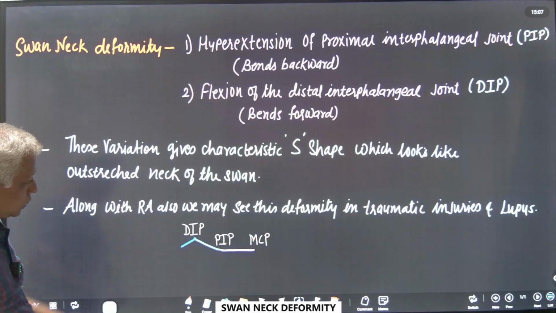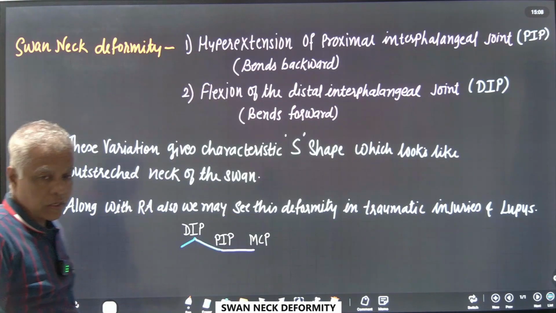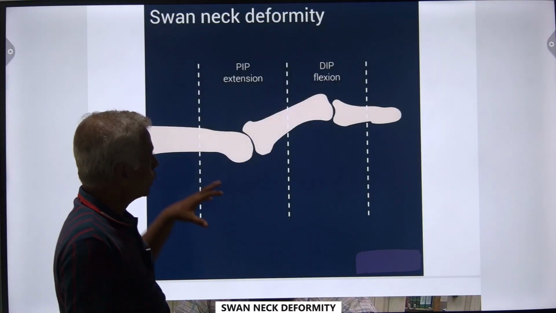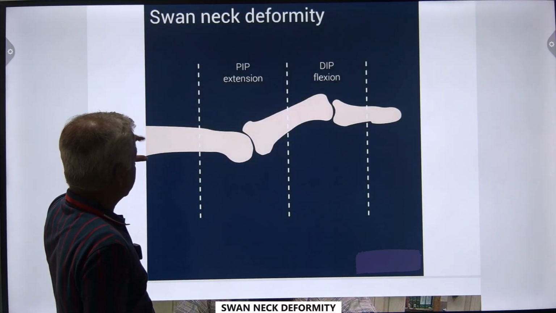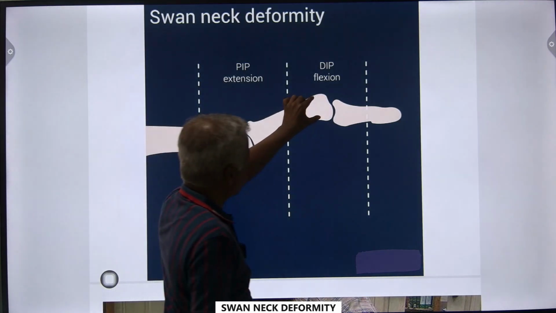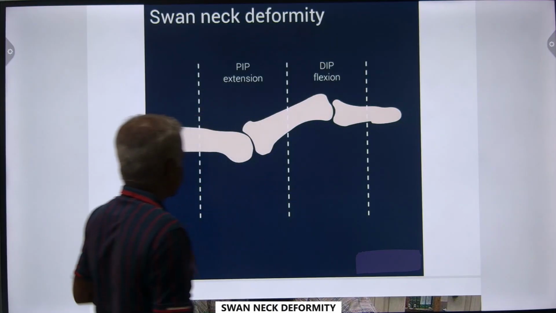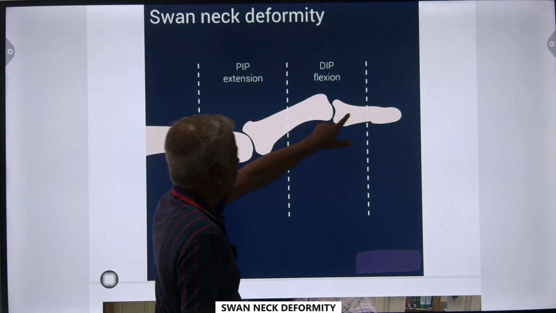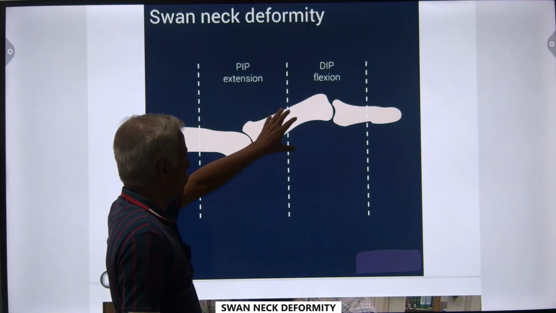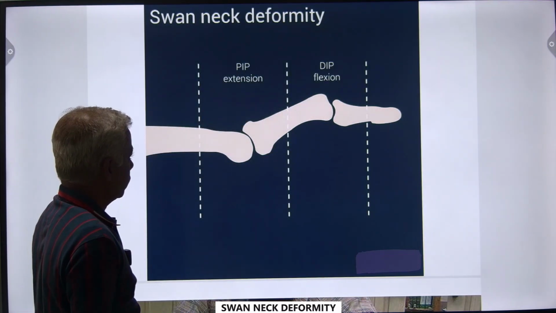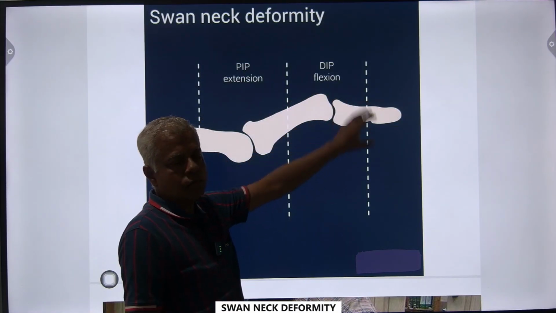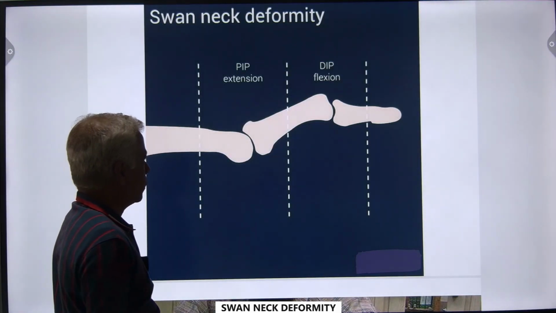We'll see now a few images so that our concept will be more clear. Now look here. This is the first phalanx, the second phalanx, and the third phalanx. The joint between the first and the second phalanx we call the proximal interphalangeal joint, whereas the joint between the second and the third phalanx we call the distal interphalangeal joint.